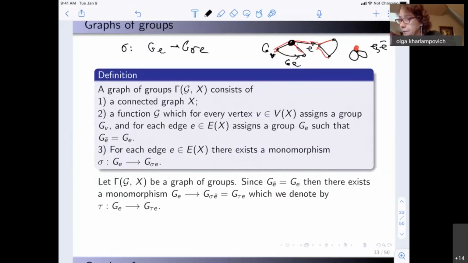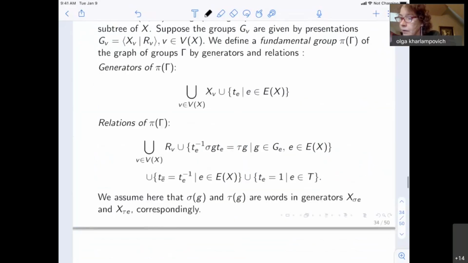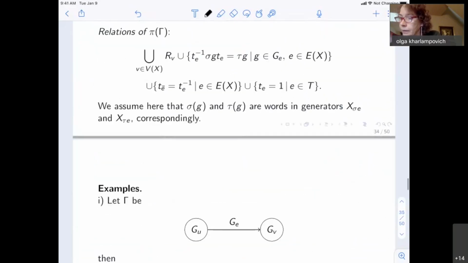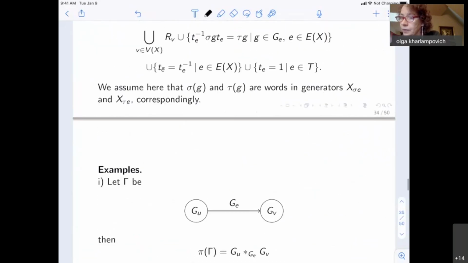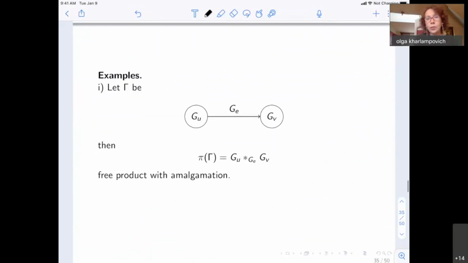If I draw a surface, or maybe later. Now some examples. If the graph is a segment, then the fundamental group of a graph of groups is just an amalgamated product.